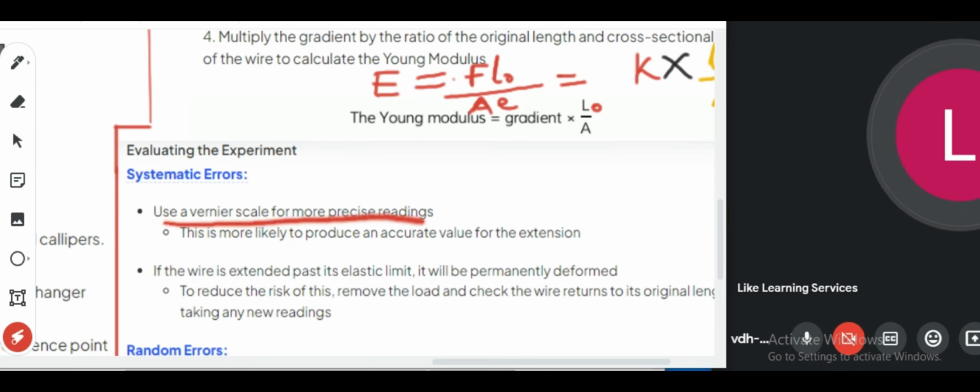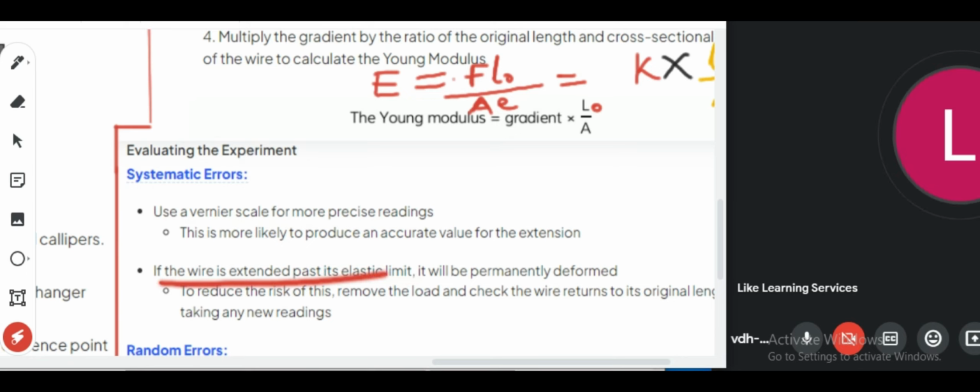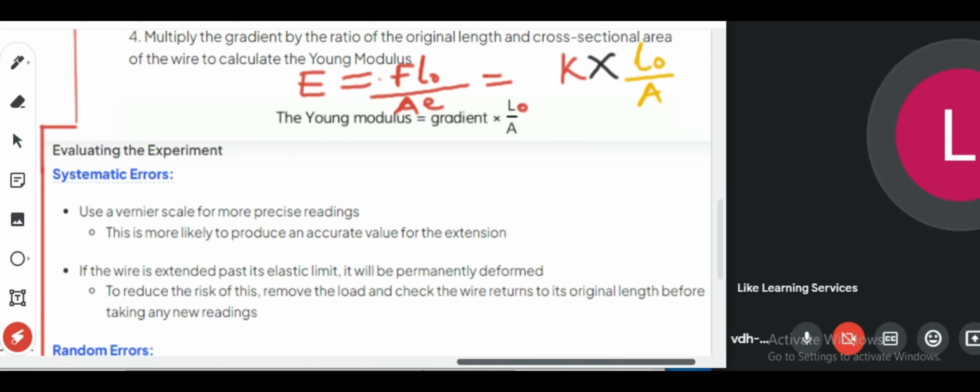Now, using a Vernier scale, for instance, you can minimize the systematic error, and we must ensure that the wire is not extended beyond its elastic limit, because if it is extended beyond its elastic limit, it will be permanently deformed. And to reduce the risk, you need to remove the load.